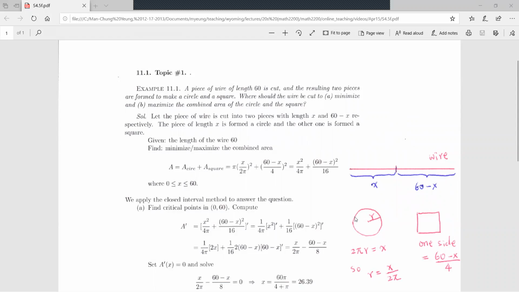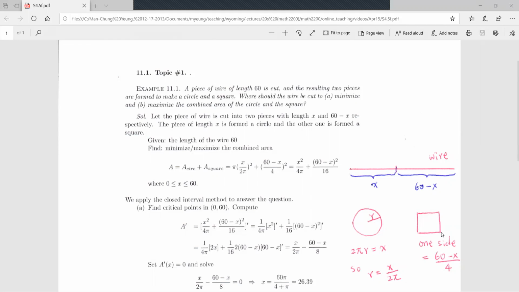This circle, the circumference is x. By the circumference formula for a circle, we have 2 pi times the radius is x. Now from this equation, this circle's radius is x over 2 pi.